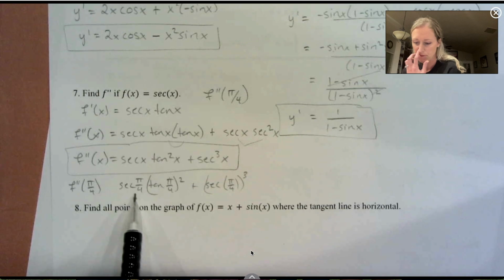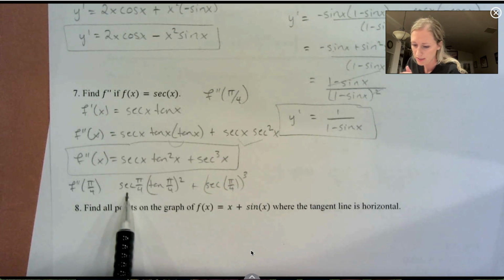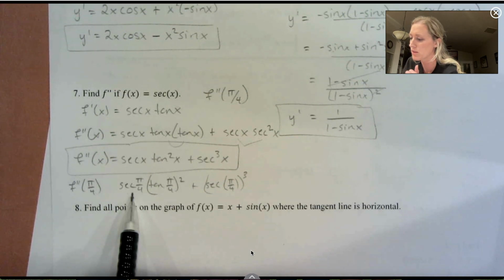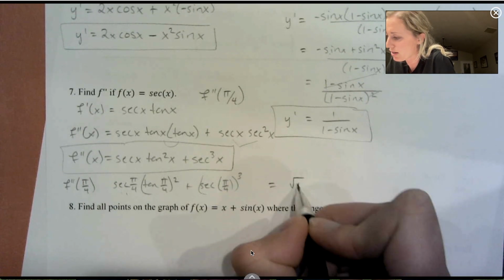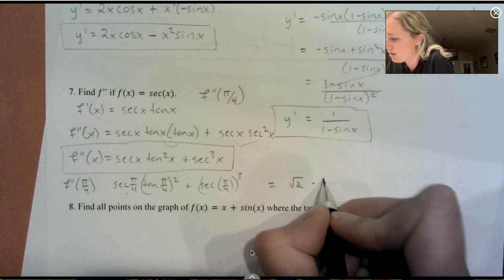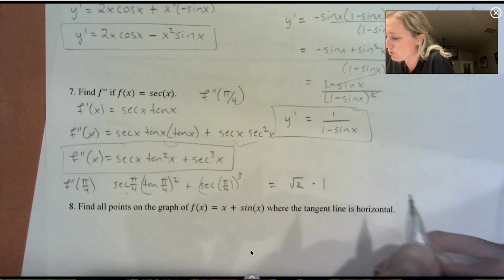Okay, so secant of pi over 4, if you guys recall, is root 2. So I'm going to get root 2. Tangent of pi over 4 is 1. And then root 2 cubed.